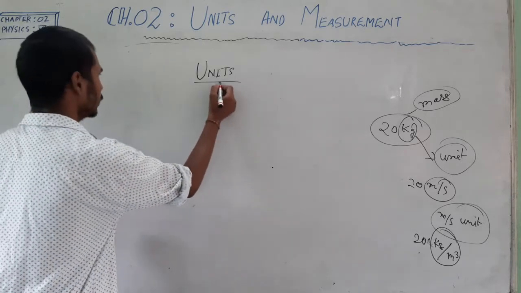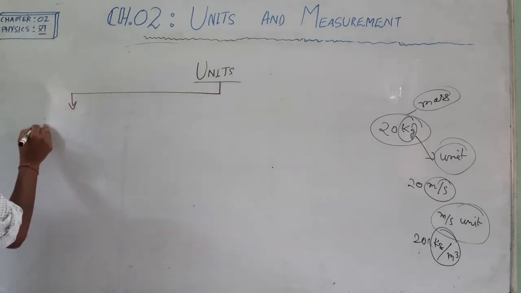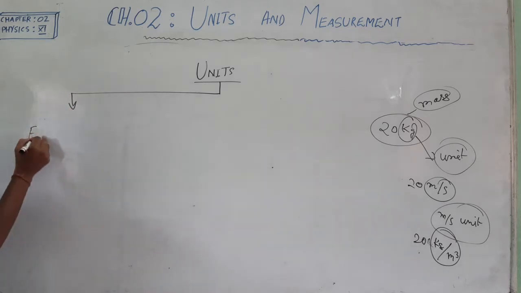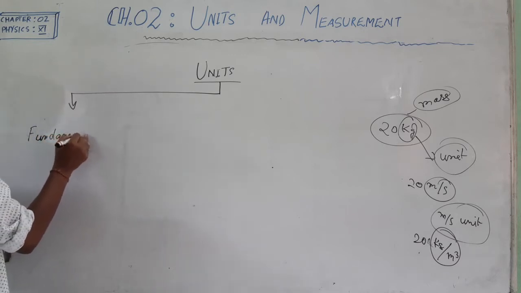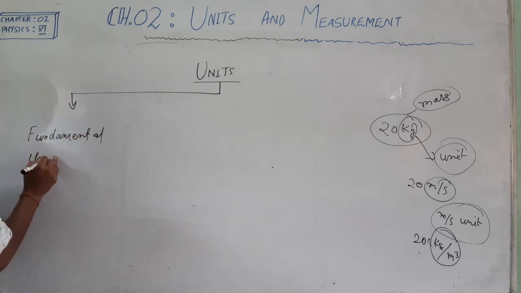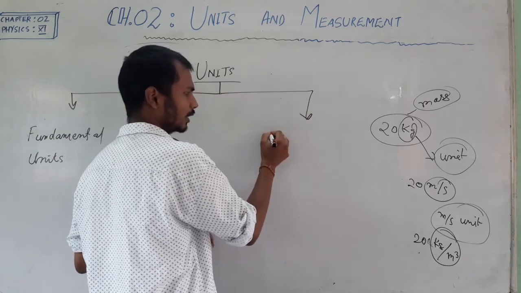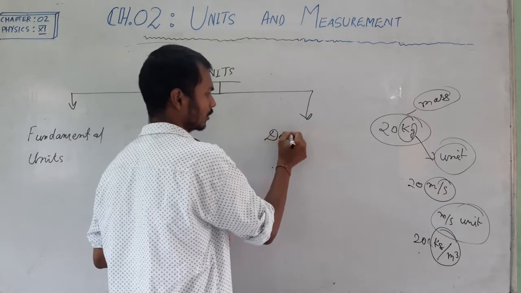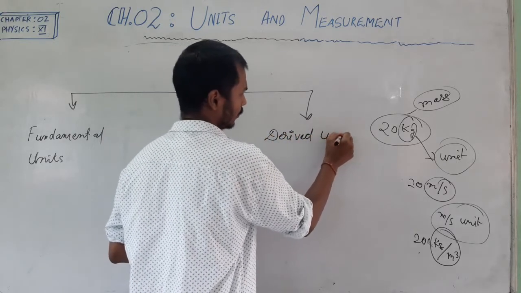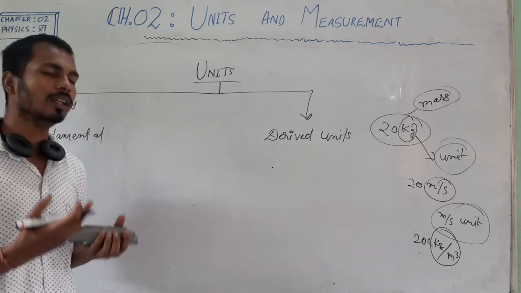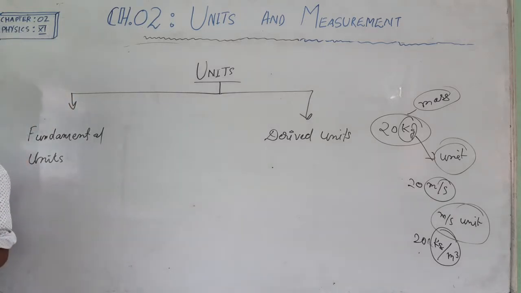So this unit is divided into two parts, just like physical quantity: fundamental units, and next one is derived unit. Now what is fundamental unit? The units which are independent and they don't depend on other units. These units are independent and they cannot be further divided into simpler units.